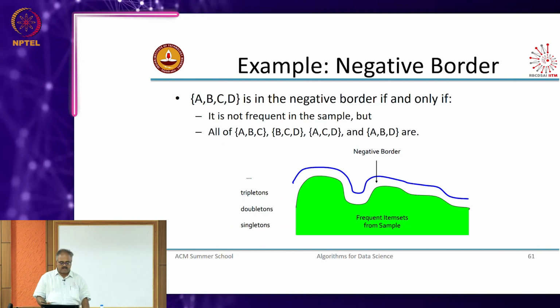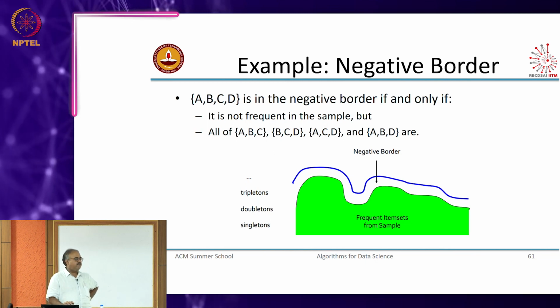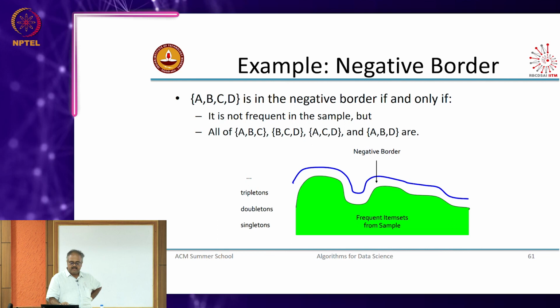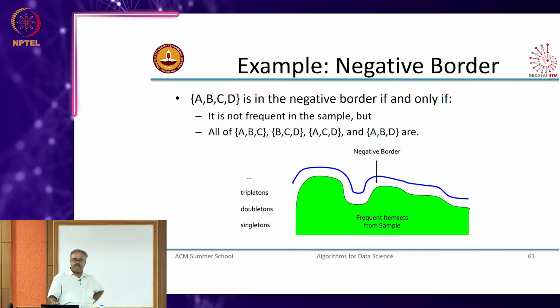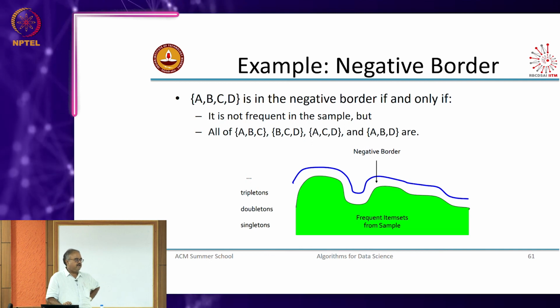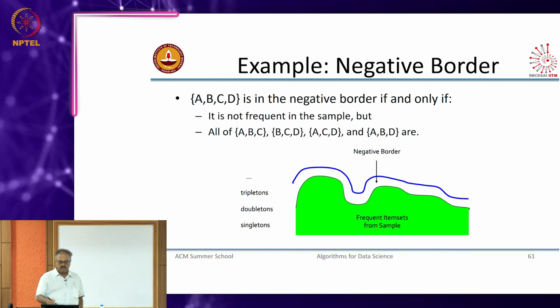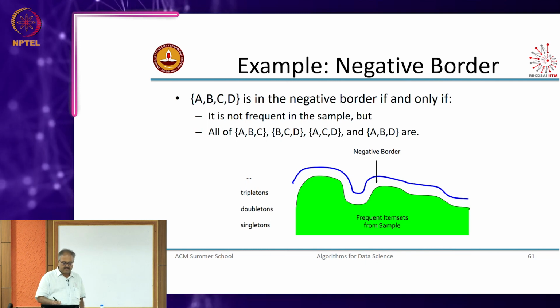So what do I mean by that? ABCD is not frequent, but ABC, BCD, ACD and ABD, all the 4 subsets that I can form, are frequent. So that's what I mean by the negative border. So ABCD will be in the negative border.